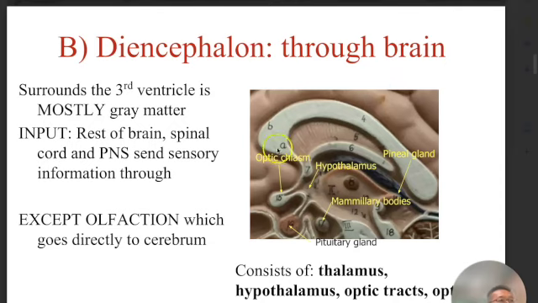It sends information all over, and here's where it receives it, except for olfactory, which is your sense of smell. It goes directly to the cerebellum. So again, everything comes from the spine, goes through the diencephalon, and then goes to the rest of the brain, except the sense of smell.